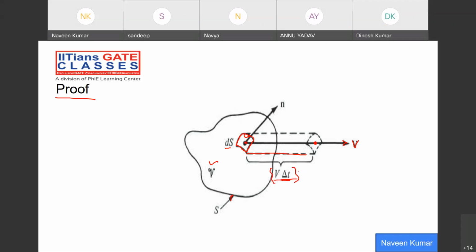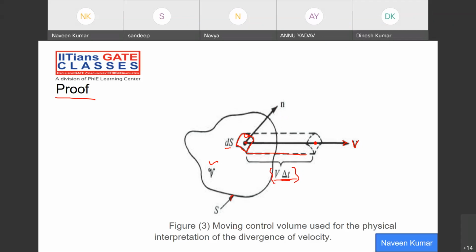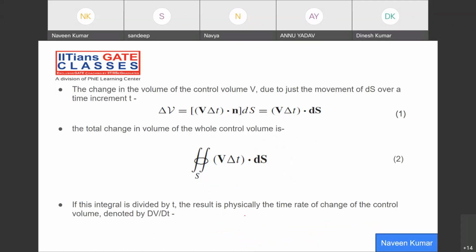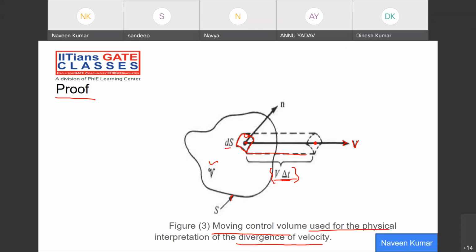Yes, sir. Okay, right. The normal direction of this unit surface is n. You will see the significance of this direction also. So we are assuming the moving control volume, used for the physical interpretation of the divergence of velocity. Now you want to find out the volume swept during this travel.